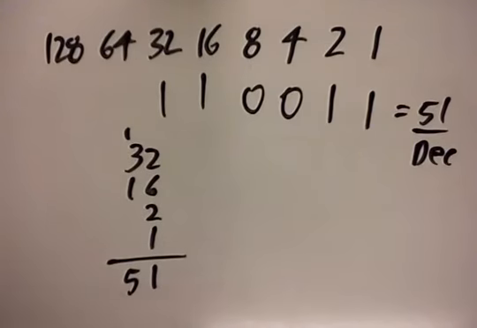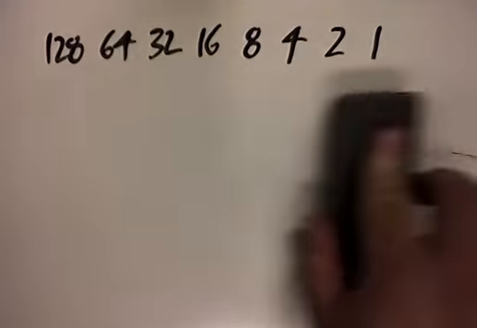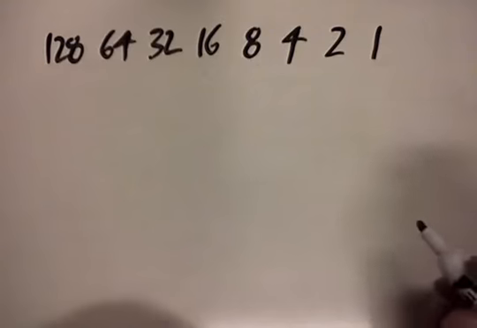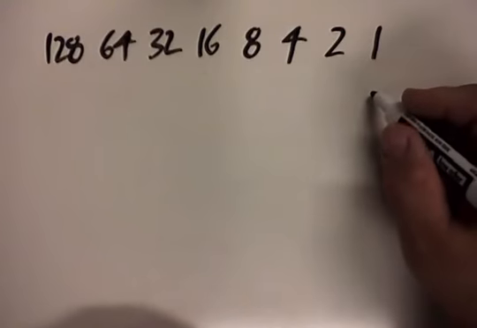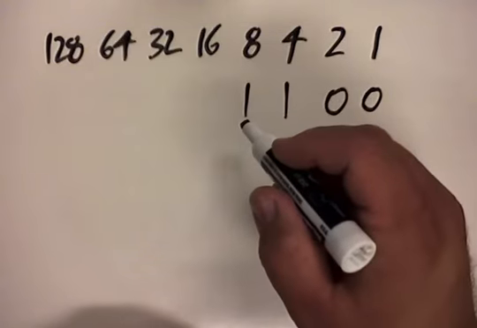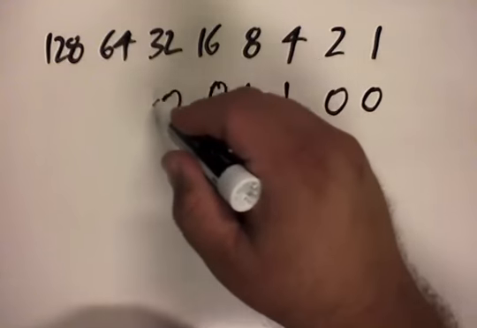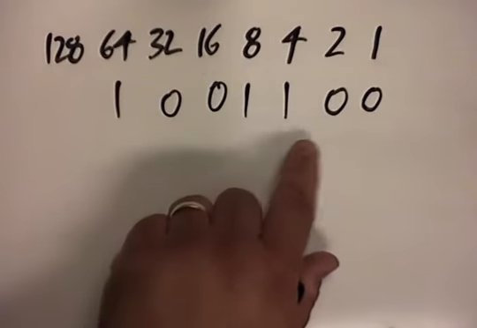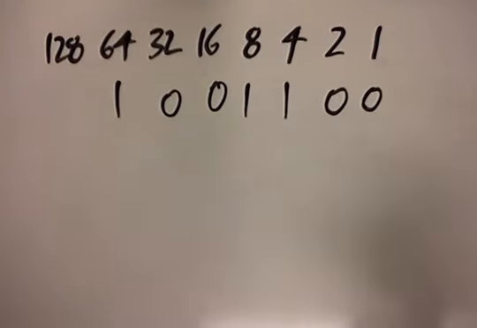Let's do one more. Make sure we got it. Let's do this one now. So we now have 1, 0, 0, 1, 1, 0, 0. Let's add up those place values.